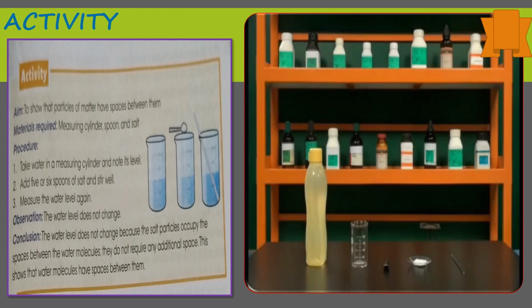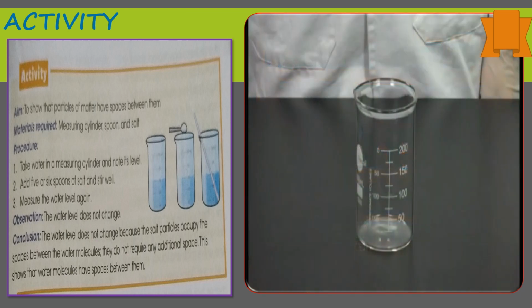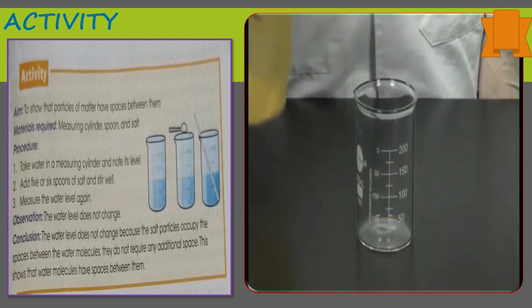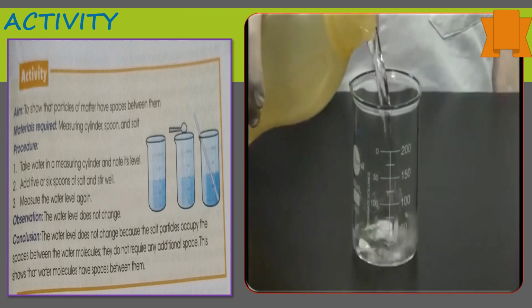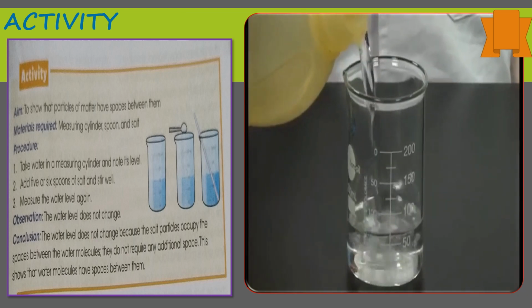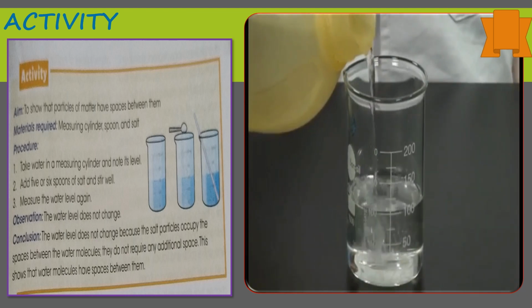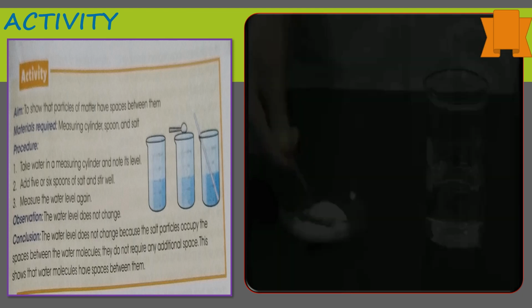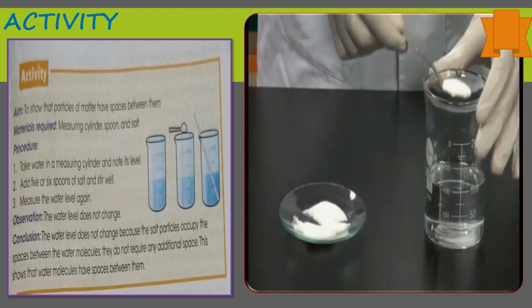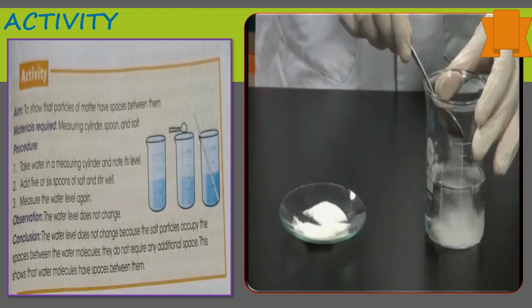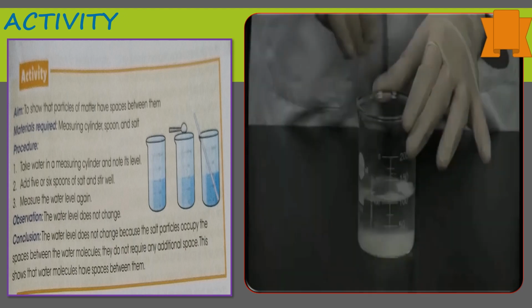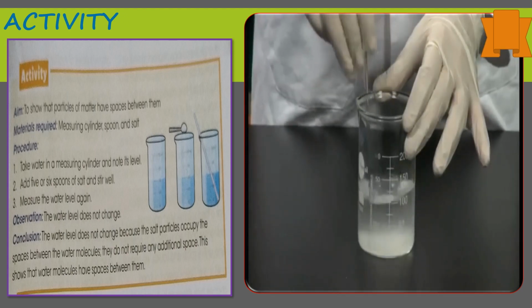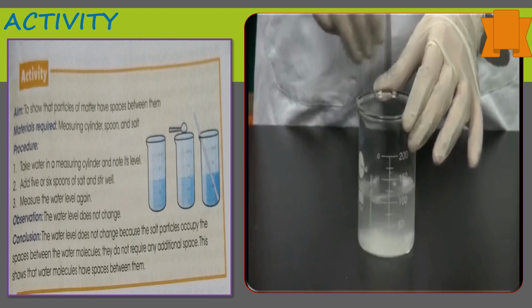Take water in a measuring cylinder and note its level. Here you can see that the level of the water is 100 ml. Now we will add a spoon of salt and mix it well with the help of the glass rod.